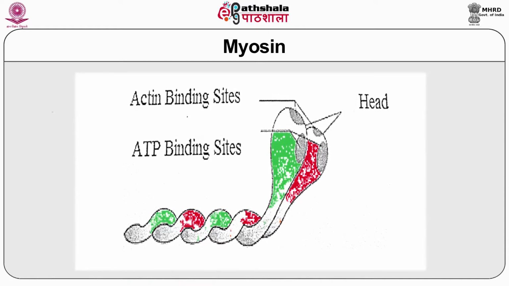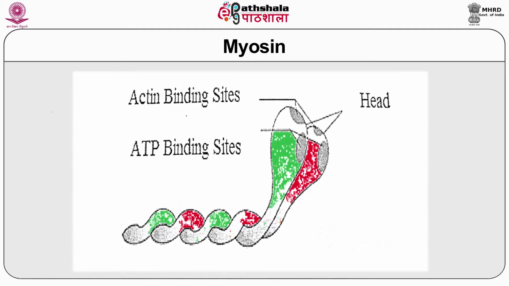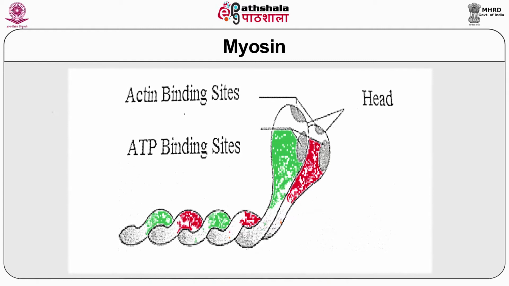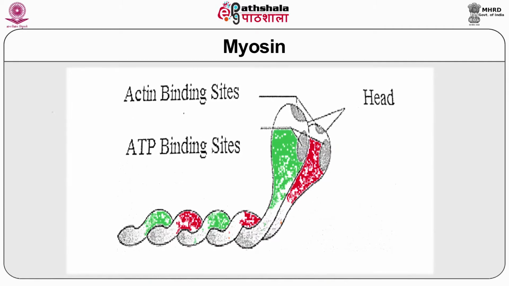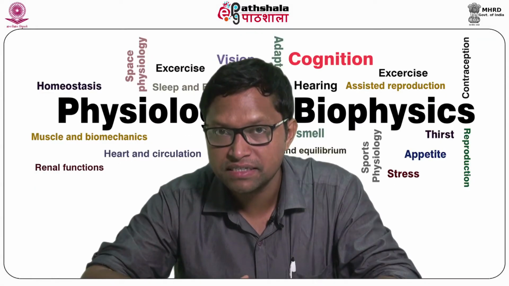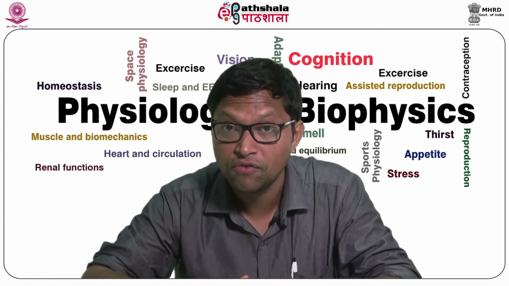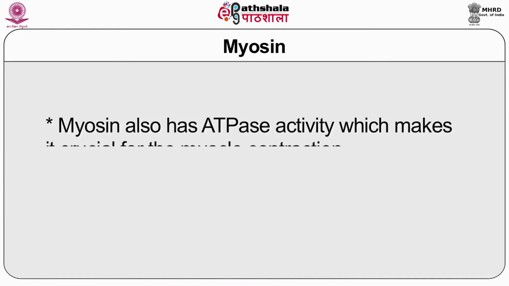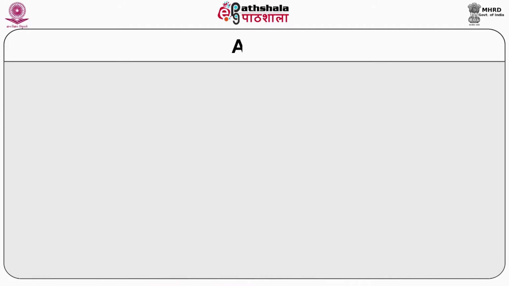The heavy chain has a tail which is a double helical structure, and it has an arm and a head. The light chain is present around the head of the heavy chain. Myosin also has ATPase activity which makes it crucial for muscle contraction.